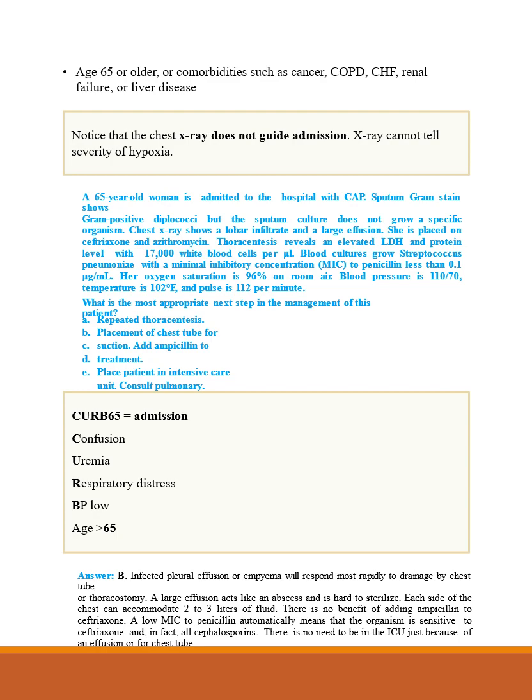There is no benefit of adding ampicillin or ceftriaxone. If it is a low MIC to penicillin, it automatically means that the organism is sensitive to ceftriaxone and in fact all cephalosporins. There is no need to be in ICU just because of effusion or for chest tube drainage.